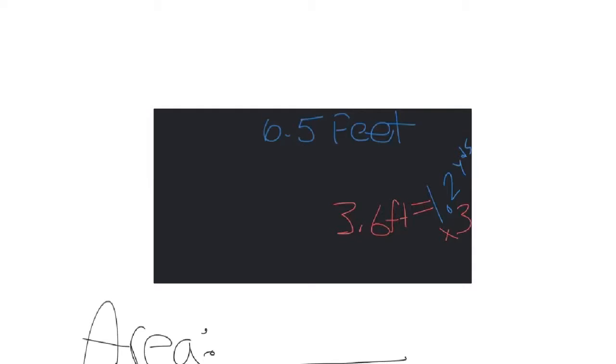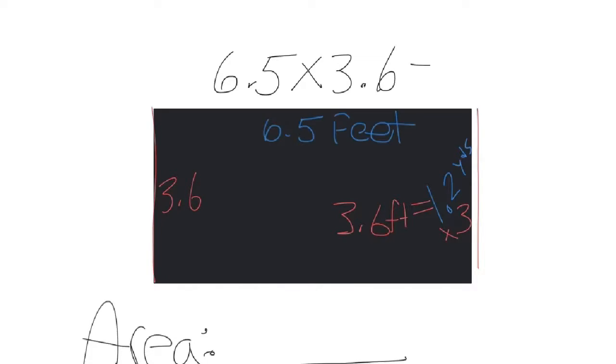So now I know that the two sides of my rectangle are both 3.6 feet, and my last step is to find the area by doing 6.5 times 3.6. Again, I'm going to use my calculator, and my final answer is 23.4 feet squared.